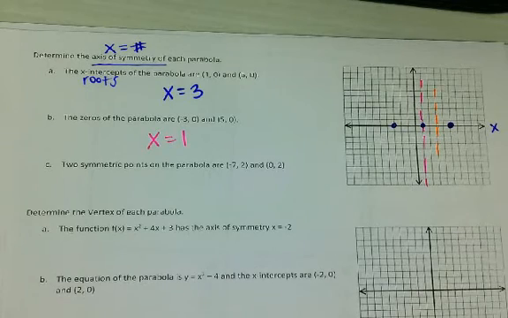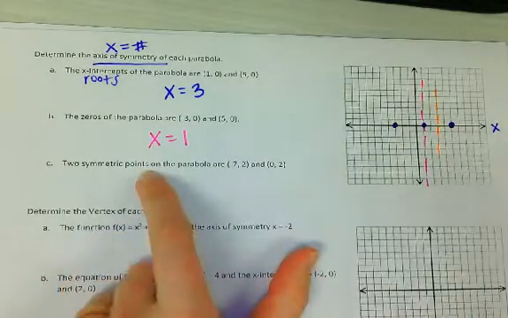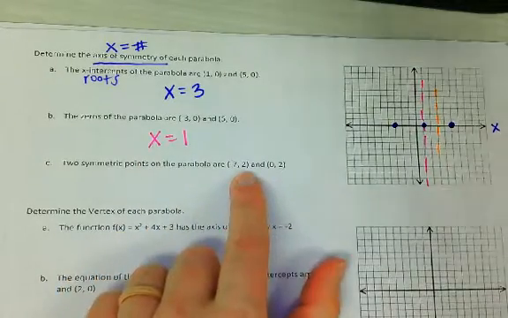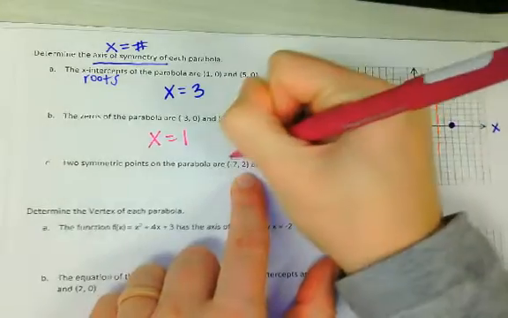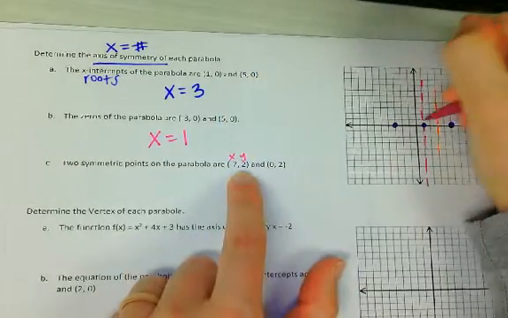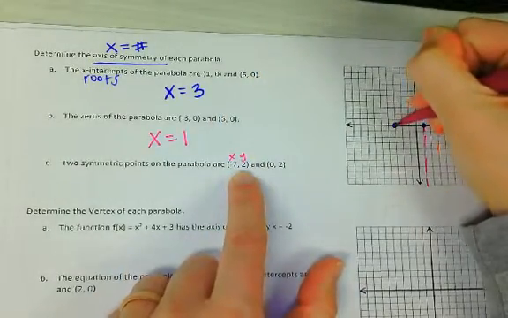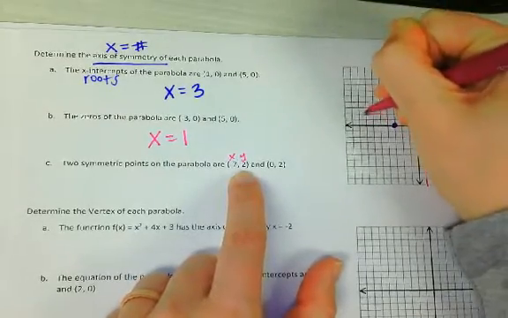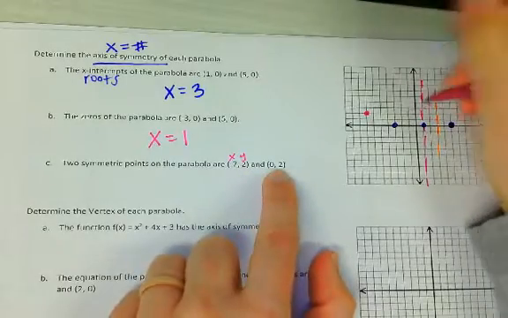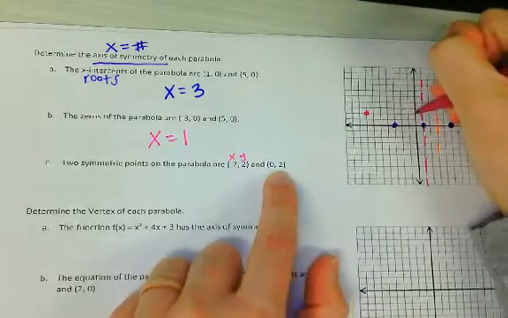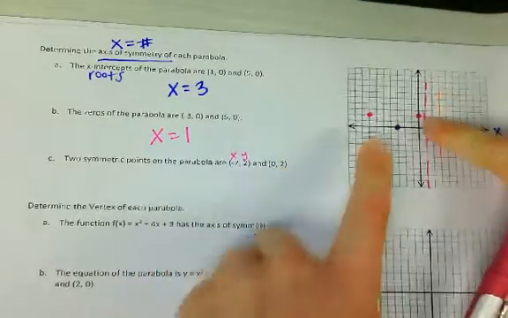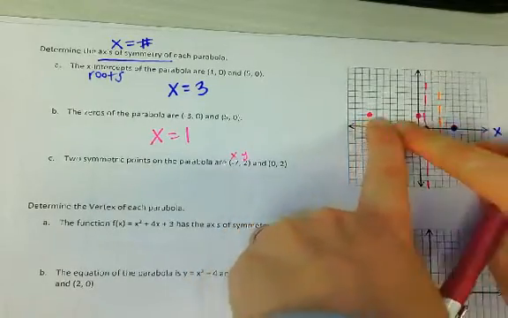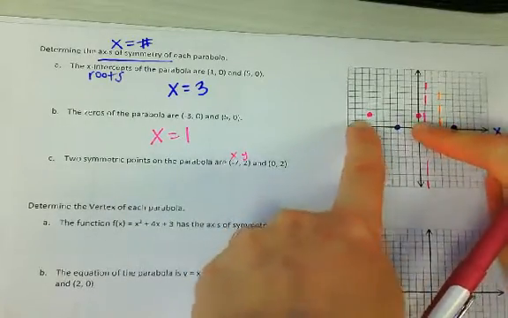Okay, what if I give you 2 points that are not x-intercepts? It says 2 symmetric points on the parabola are (-7, 2) and (0, 2). Remember it's x, y. So I'm going to go to negative 7 on the x-axis and up 2, and then (0, 2). Okay, this one's a little different. These are 7 apart from each other.